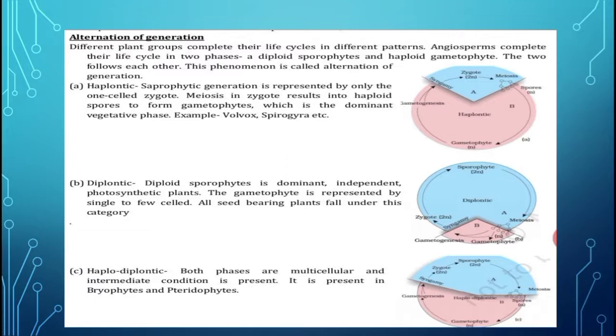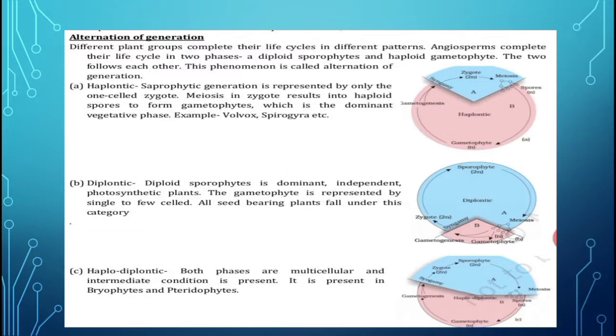Thus, during the life cycle of any sexually reproducing plant, there is an alternation of generation between gamete producing haploid gametophyte and spore producing diploid sporophyte.